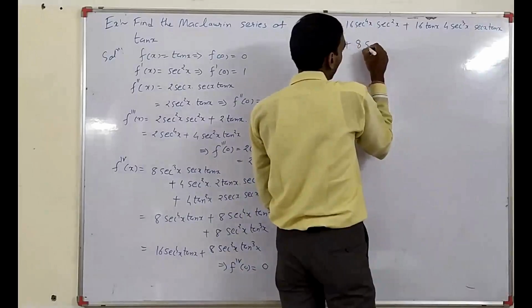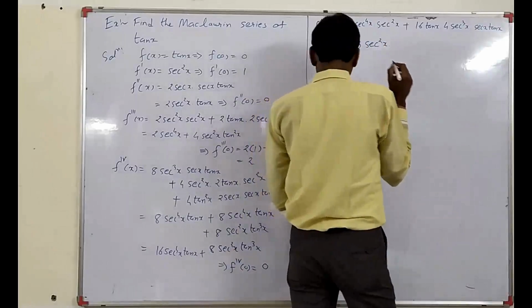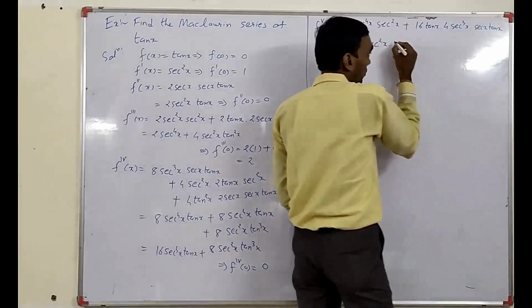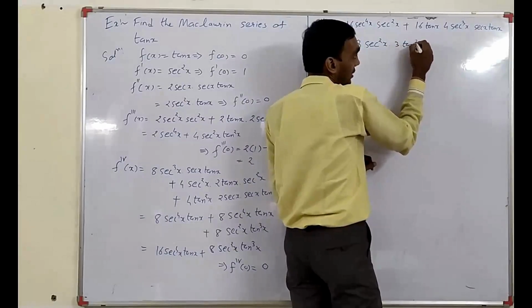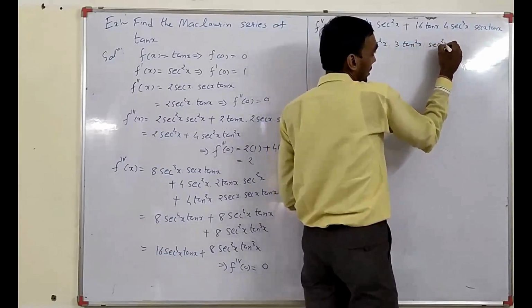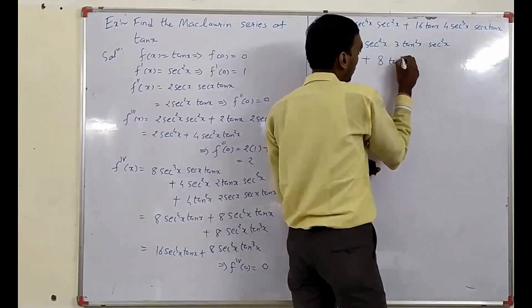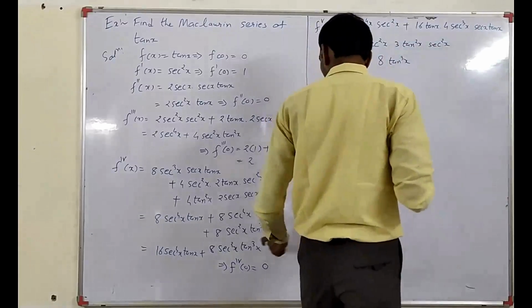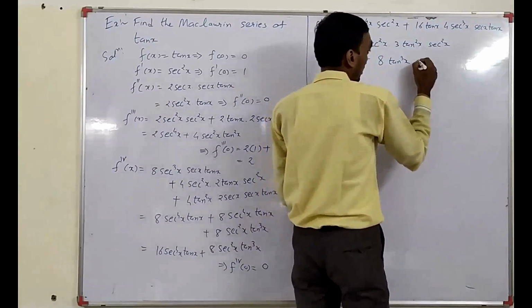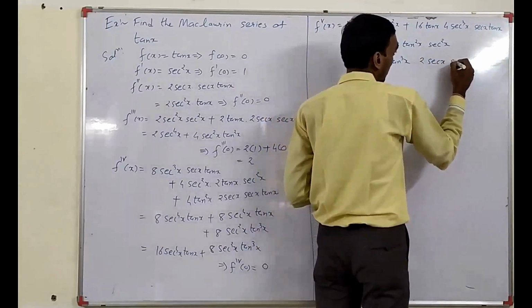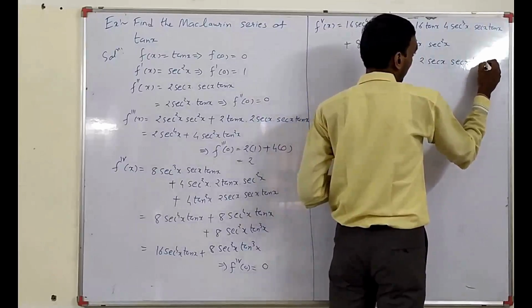So 8 sec square x as it is, derivative of tan cube x will be 3 tan square x into sec square x, plus 8 tan cube x as it is, and derivative of sec square x will be 2 sec x into sec x tan x.